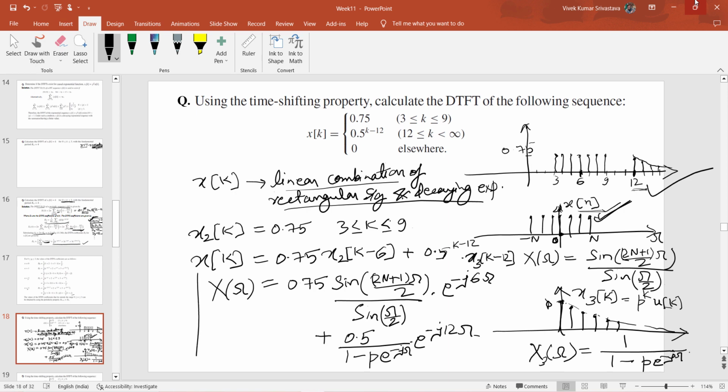So this is basically the discrete time Fourier transform corresponding to this signal.